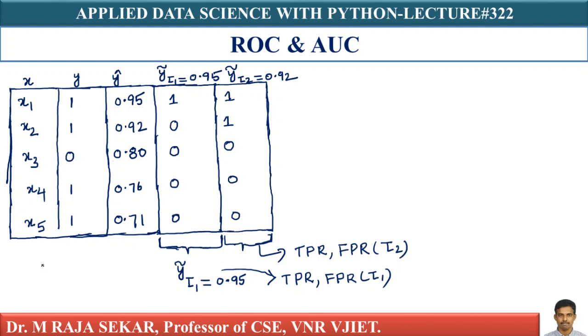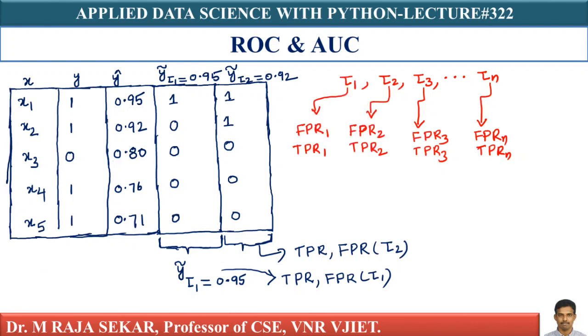Now, if I have n thresholds, tau 1, tau 2, and so on up to tau n, for each tau I can get an FPR and a TPR. Let me say my first threshold value is tau 1, with its corresponding FPR and TPR values.